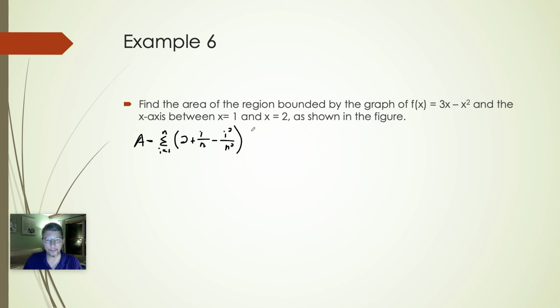And then multiply that by 1 over n. Now, what I did here was I actually used f of x equals 3 minus x squared to come up with this term.